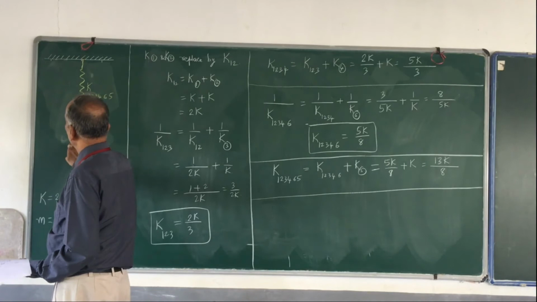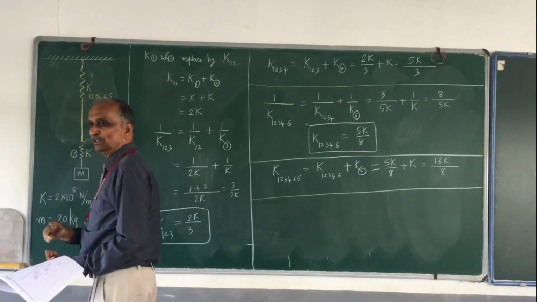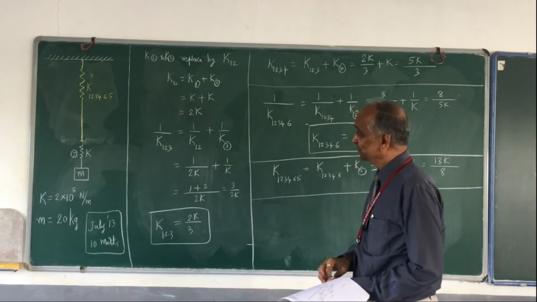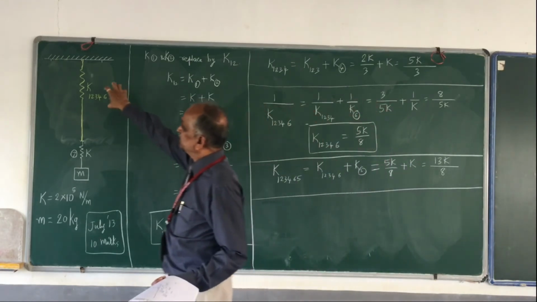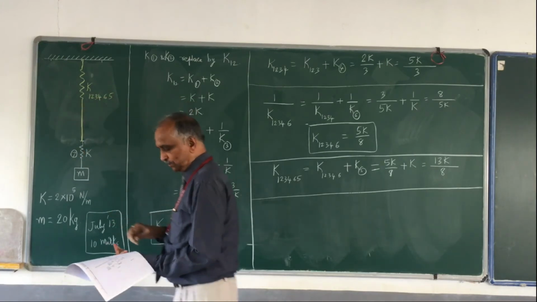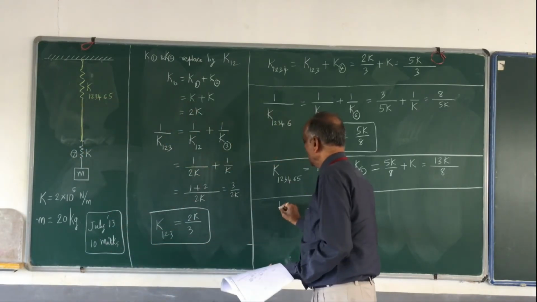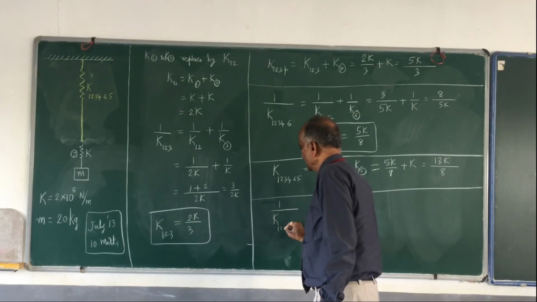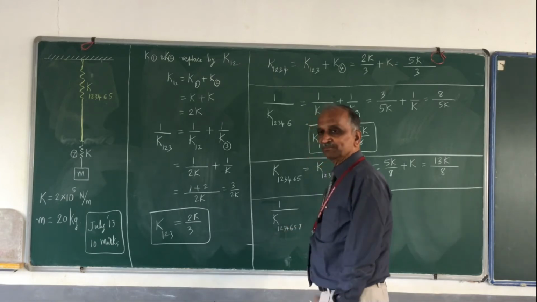Okay, so again I have two springs now which are in series. So now this is one spring, 1, 2, 3, 4, 6, 5 and 7. So these two are in series. I shall call it 1 upon K equivalent of 1, 2, 3, 4, 6, 5 and 7.